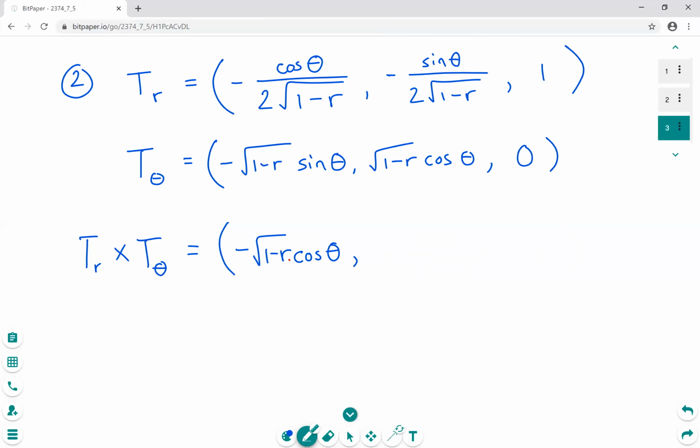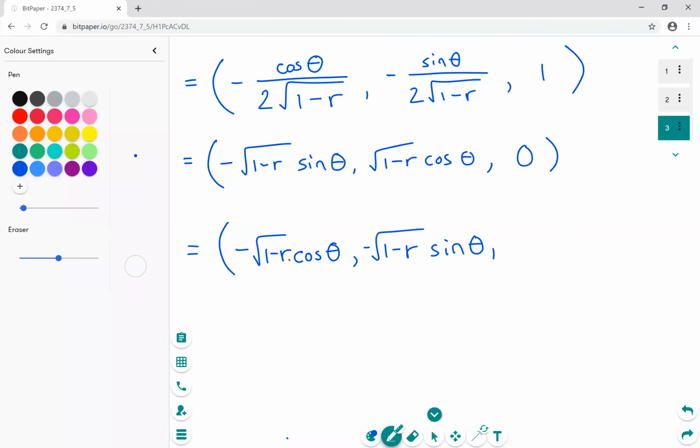Okay, and then we get square root 1 minus r sine theta times 0. Okay, so this is negative square root 1 minus r sine theta.